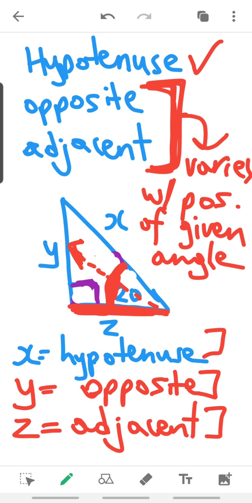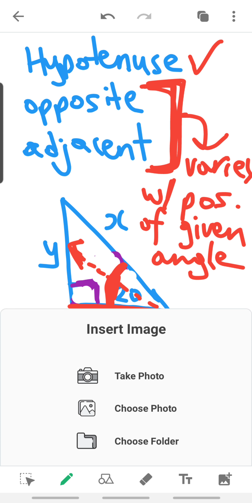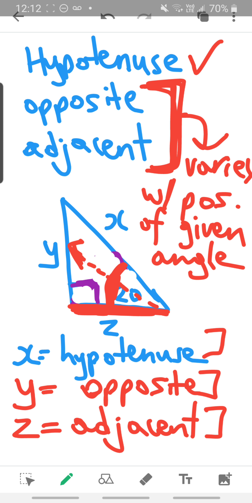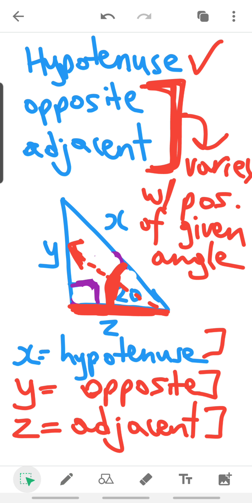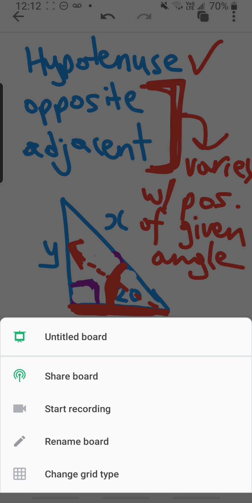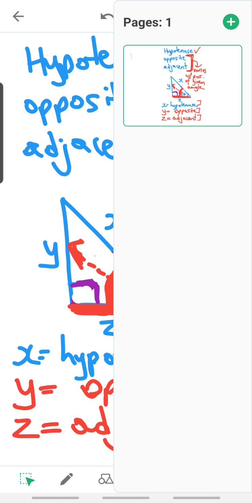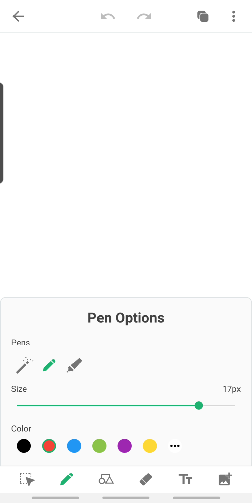So let's look at another example, because like I said, the opposite and adjacent sides do vary with the position of your given angle. So we're going to draw another right angle triangle.